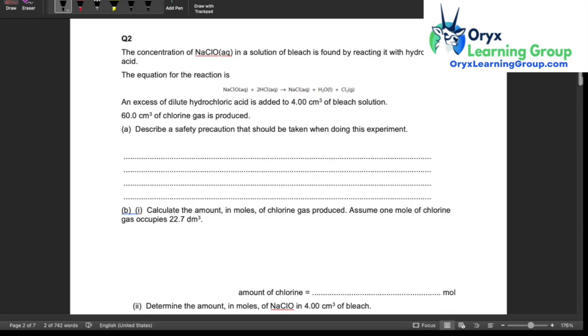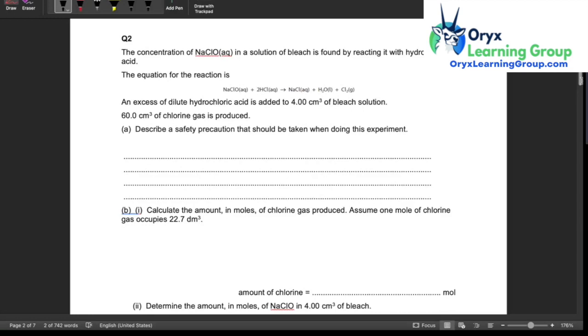You should also not inhale the fumes because they create a gas which could be toxic. So either open up a window or do the experiment in a ventilated room. Correct, that's right. Very good.